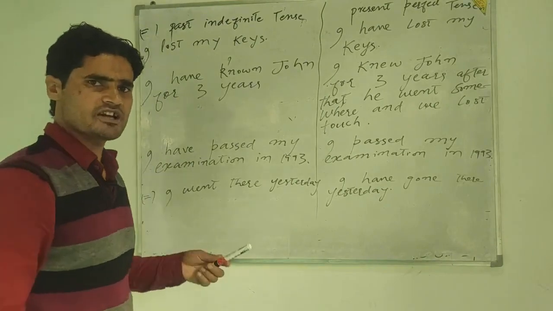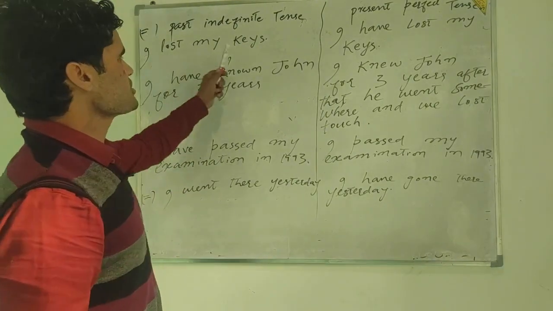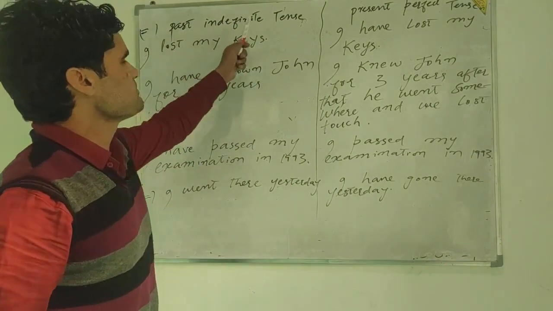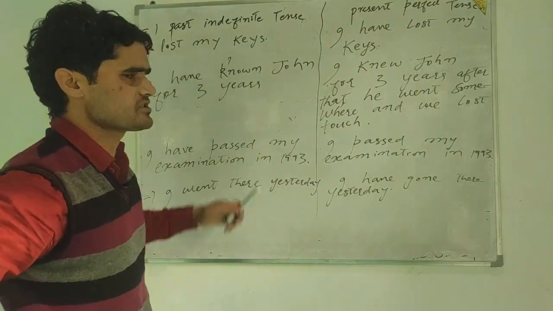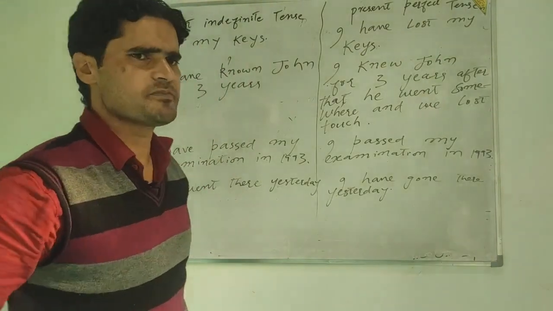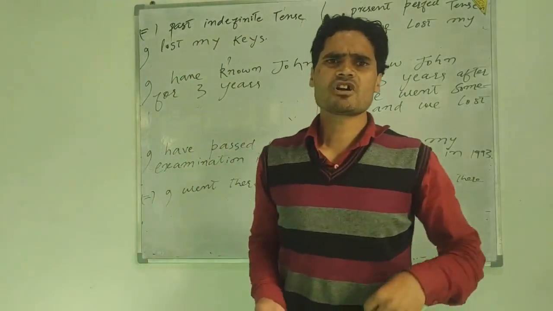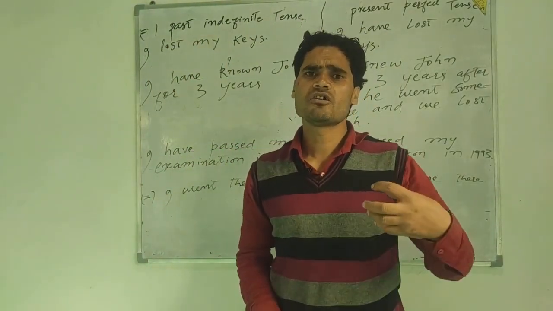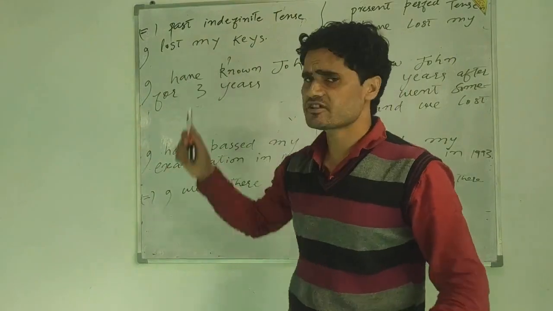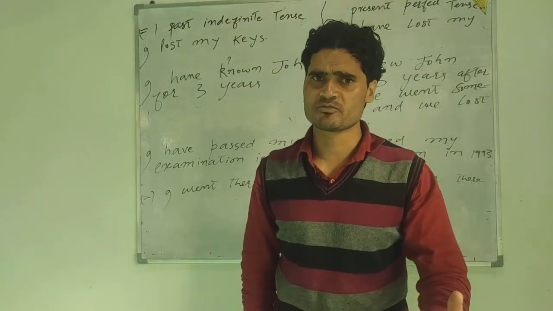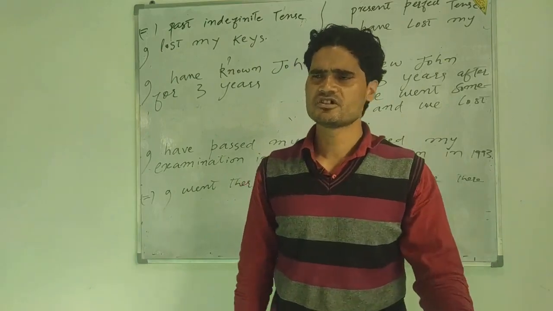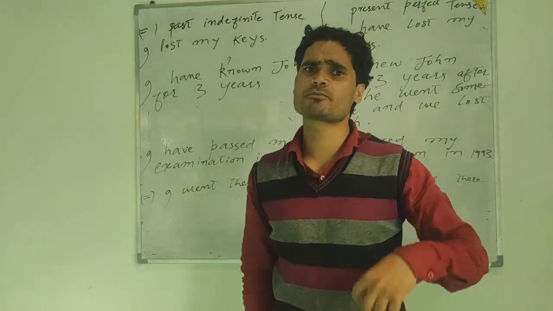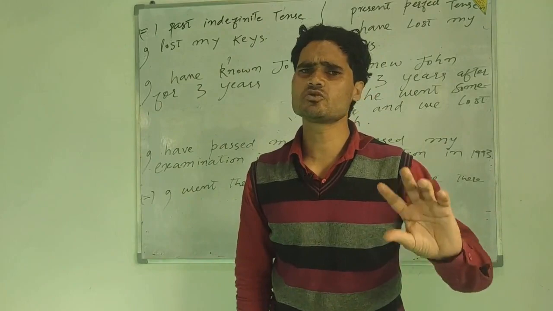Now look at these sentences. I lost my keys. Past indefinite tense. If I say this sentence in past indefinite tense, I lost my keys, it means that I have lost my keys, and now its result is not seen at the present moment. Maybe I have bought new keys, or I have not found them. It has nothing to do with the present.